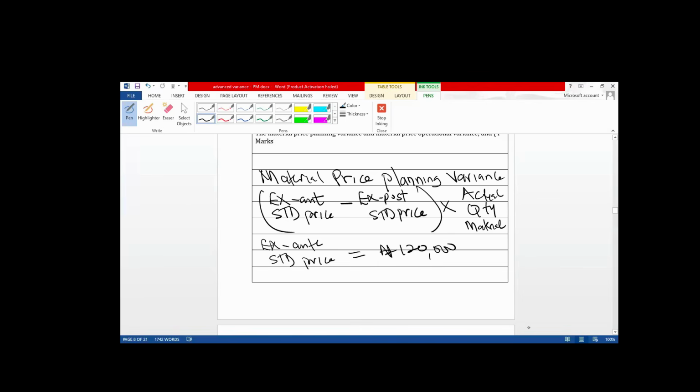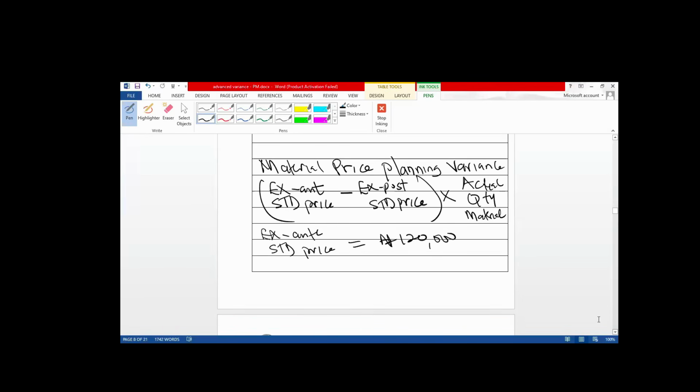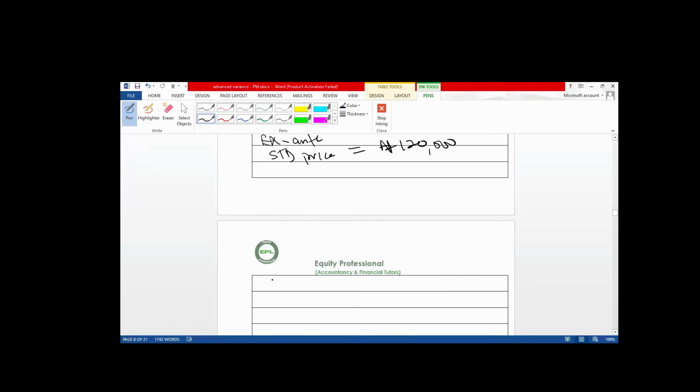The standard price should have been 170 as post standard material price. As post standard price is 170.